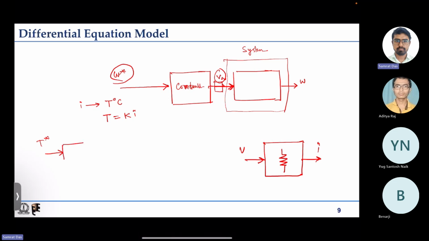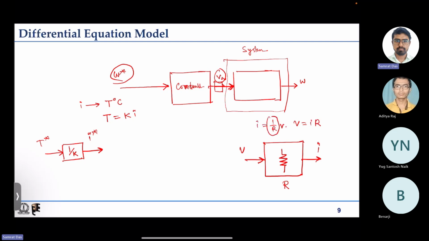For that, if you divide it by this constant K, you will be able to know what is the current you want. Only if you know what is the resistance of the coil, that is the mathematical model of the system. So V equal to IR, so I equal to 1 by R into V.